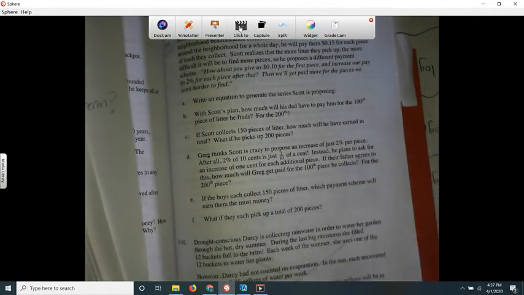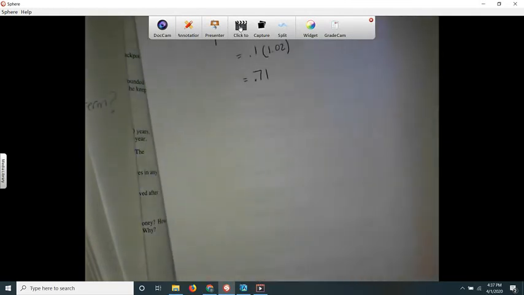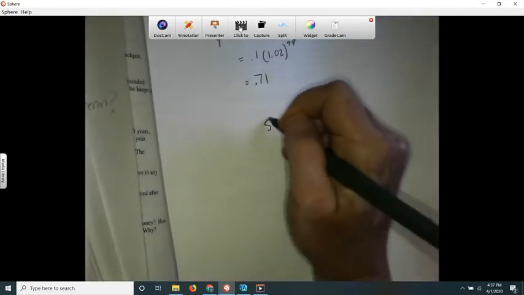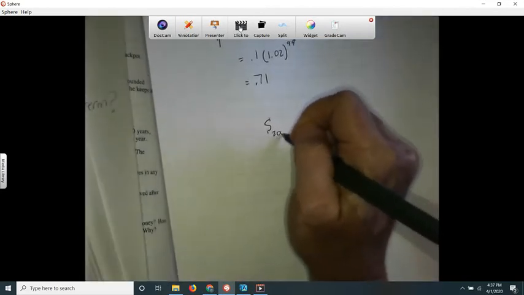And then let's see if we can just use our formula. I'm not going to have time to finish this whole thing, but let's try to use our formula to find out how much he would make if he picked up 200 pieces. Like, how much would he get altogether if he picked up 200 pieces? So let's get out our formula. What was it again? The sum of the 200 pieces.